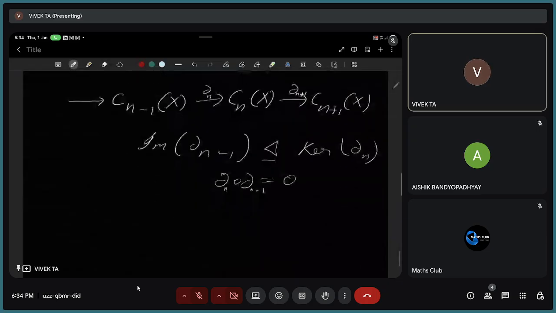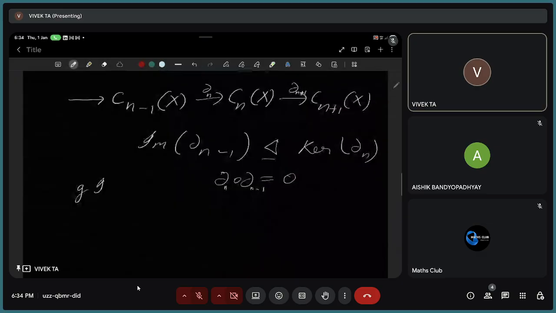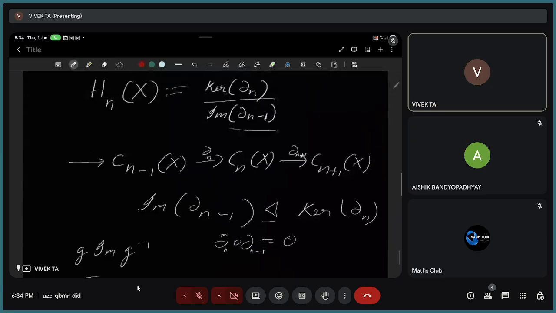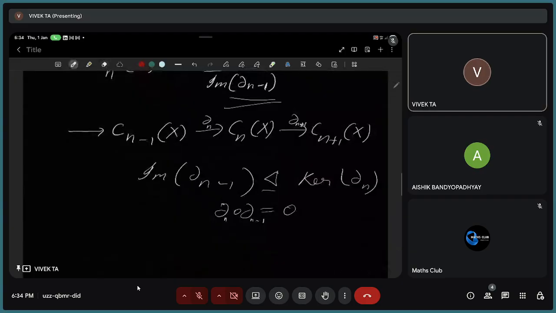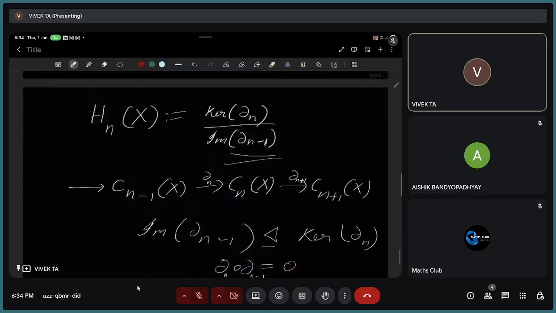If you take G and this image G inverse, this is going to give the same as G G inverse image because of abelianization, and then this is just E. And hence it's trivially normal, and because it's trivially normal, I can take this quotient. Did you get it? Yeah. So once you can take this quotient, this is how you define what the homology is.